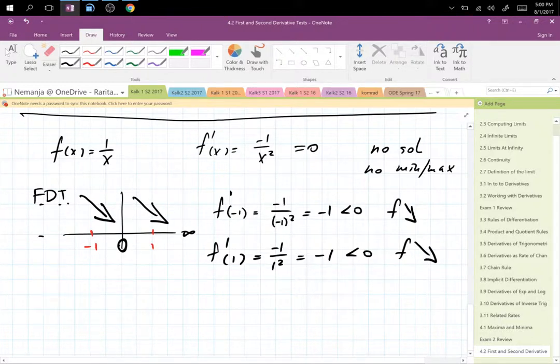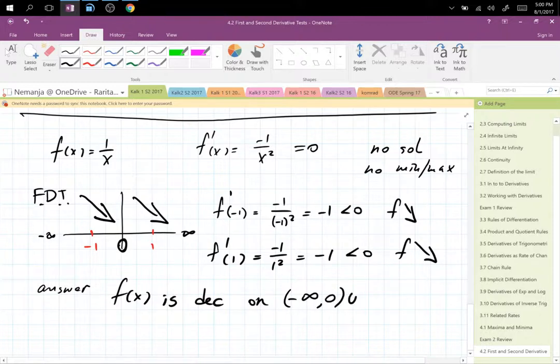So in this case, function is always decreasing, but there is a vertical asymptote, there is a break in the domain. So what's the answer? You will say f of x is decreasing on negative infinity to 0, union 0 to infinity. Boom. Done. That's the answer.